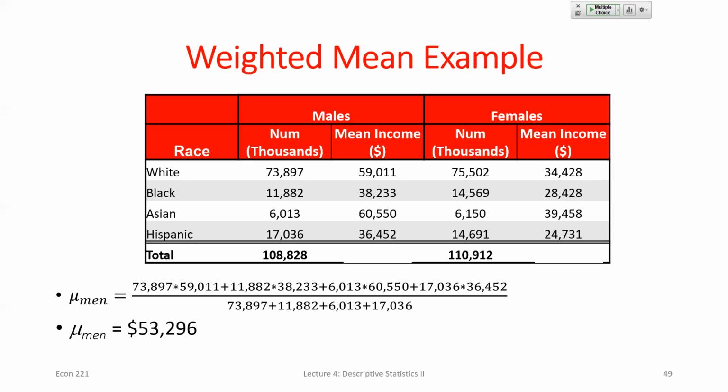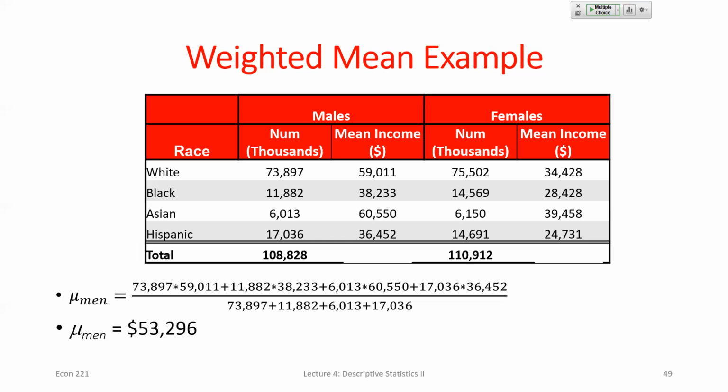represents way more people, a way larger slice of the pie, right? 73,000, probably about 70% of the people in this sample belong to that white category, while only like 11,000 people are represented by that 38. So that 38,000 is going to have way less of an impact on that weighted mean than the 59,000 value would, because it's representing a high number of people.